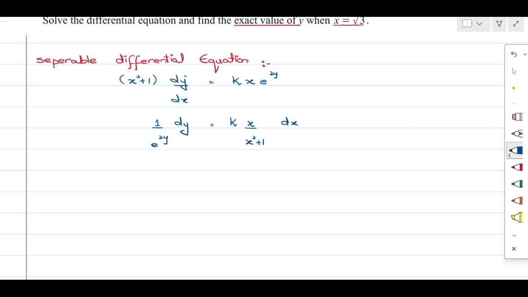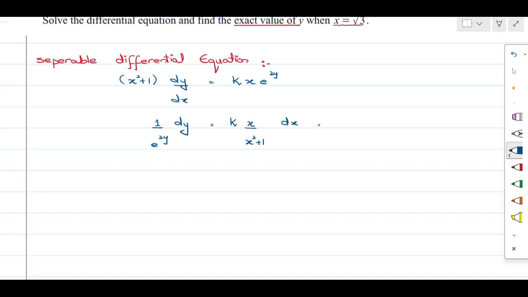Dy is already on the left side. I divided both sides by e to the power 2y, so I combined the y terms, the variable y, on the left. Now let me separate the variable x on the right side. kx is already on the right. I divide by x squared plus 1 on the other side and multiply by dx. Now you can see the dx terms are on the right side, and dy terms are on the left side.